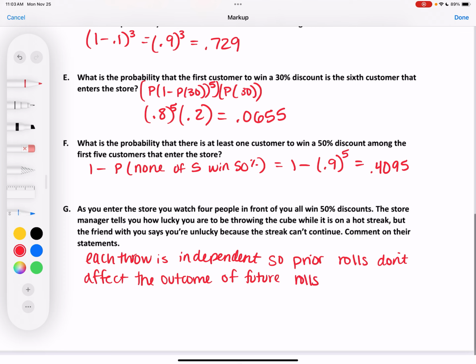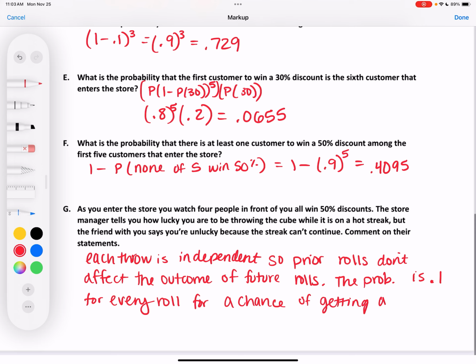The probability is 0.1 for every roll for a chance of getting a 50% discount.